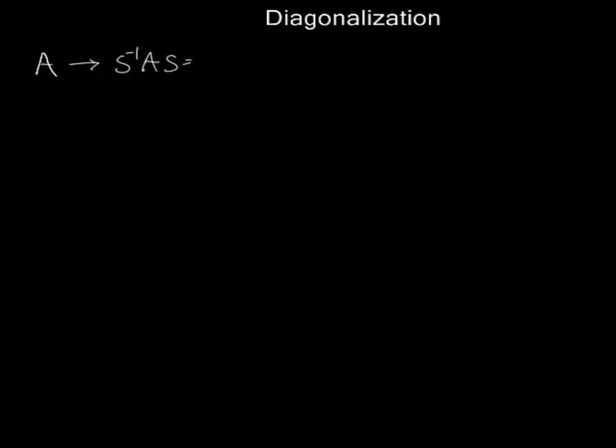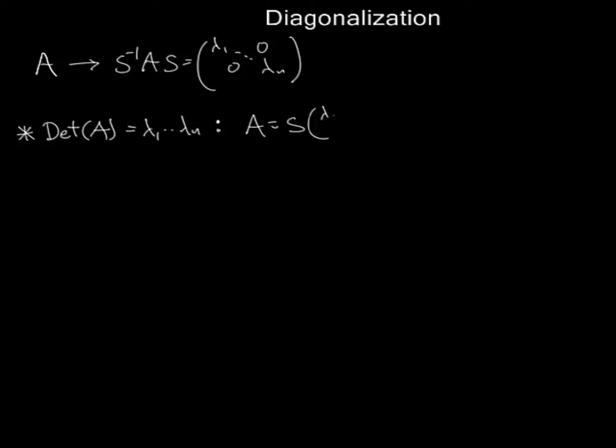Okay, so I want to look a little bit at this operation, diagonalizing a matrix. One important observation is that when you do this, the determinant of A is the product of the eigenvalues. That's because if you bring the S's to the other side, you've written A equal to S times a diagonal matrix times S inverse.